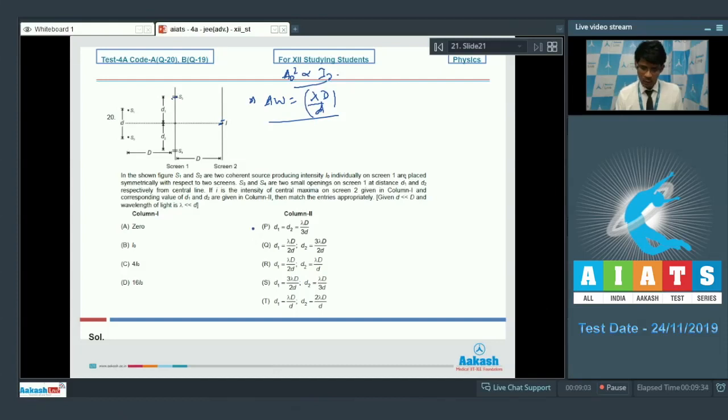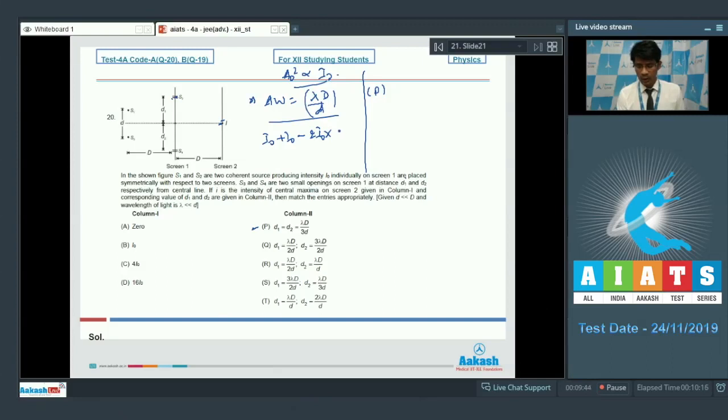So, let's start from this side at the point P. At point P, D1 and D2 are the same, and it is 1/3 of the fringe width. So the phase difference: for one fringe width the phase difference is 2 pi, so for 1/3 it will be 2 pi by 3. There the intensity will be I0 plus I0 minus 2 I0 into cos 2 pi by 3.